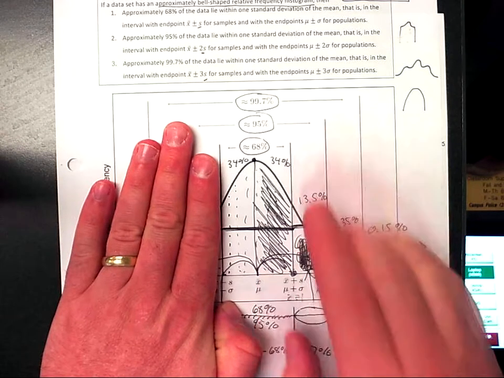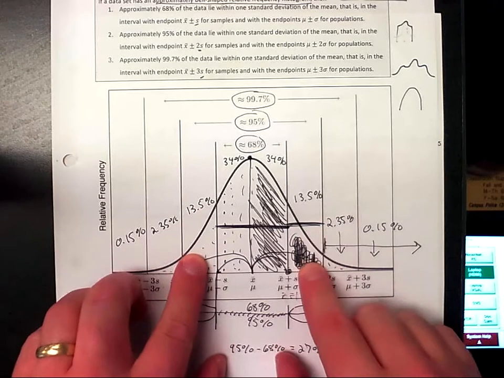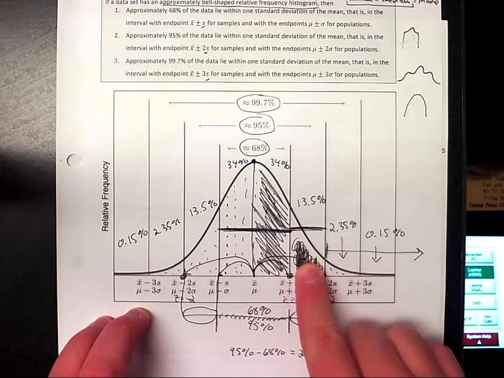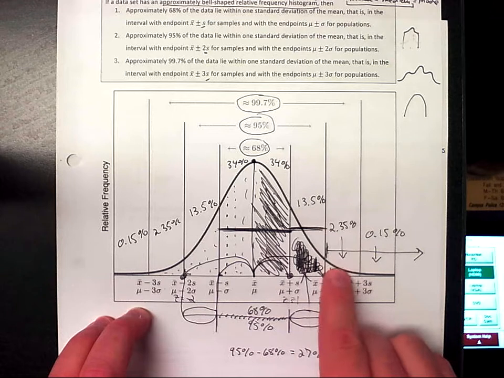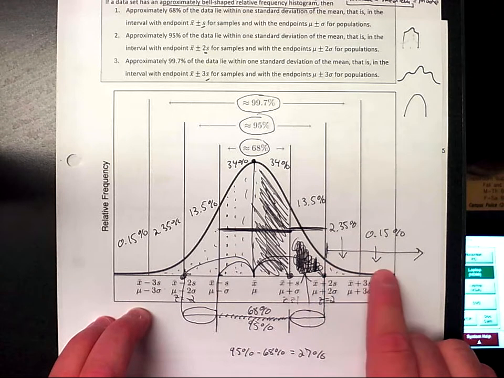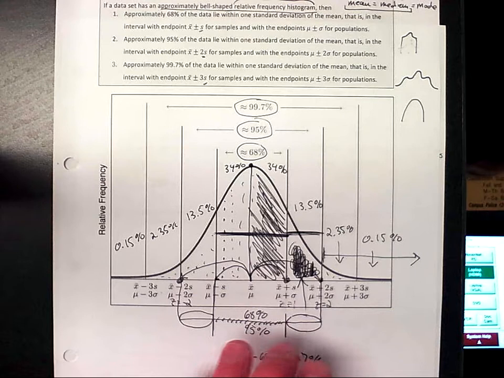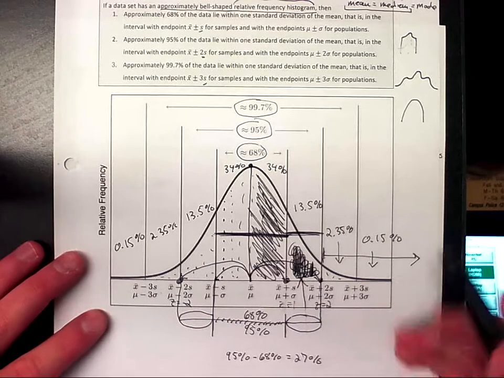Right? Does everybody remember that? And then we also broke it up into these additional slivers. This sliver right here had 13.5%. Here, this sliver has 2.35%. And from here on to positive infinity, right? Just to make sure that everybody's well aware of that.